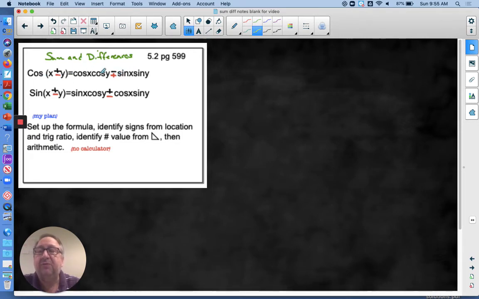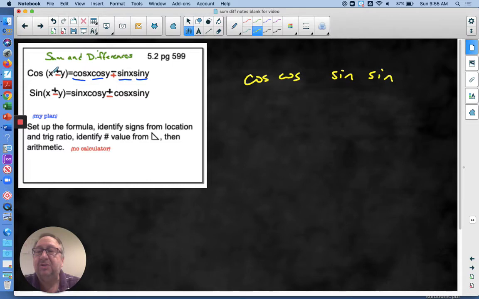For the cosine formula, the structure for any cosine of a sum or difference is always two cosines and then two sines. So you're always going to see cosine, cosine, sine, sine. Another thing is the plus or minus in the formula.